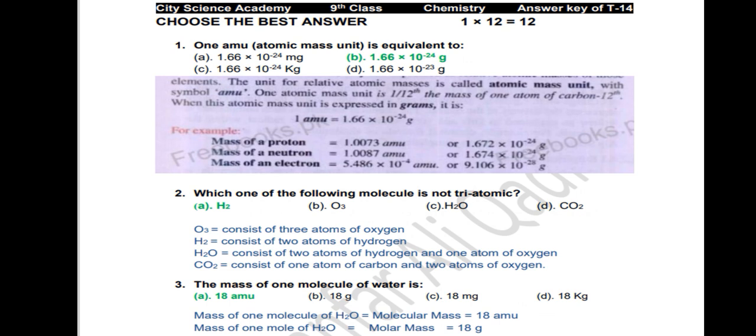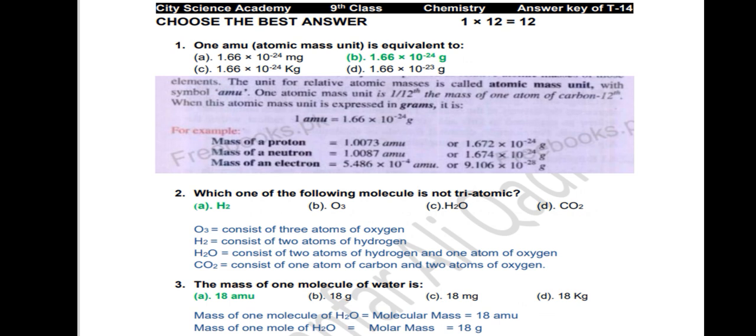Second one is: which one of the following molecules is not triatomic? Here you can see it is a negation, so we need the molecule that is not triatomic. Option A, H2, is a diatomic molecule. It should be correct, but we will discuss all the options. Option B, O3, is a triatomic molecule.